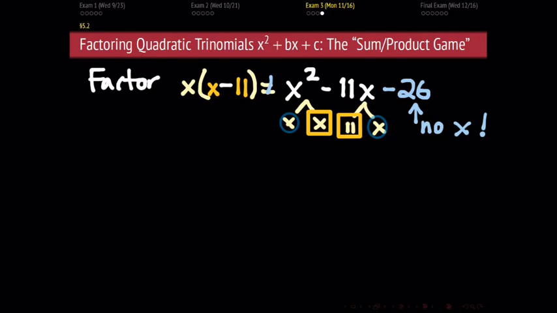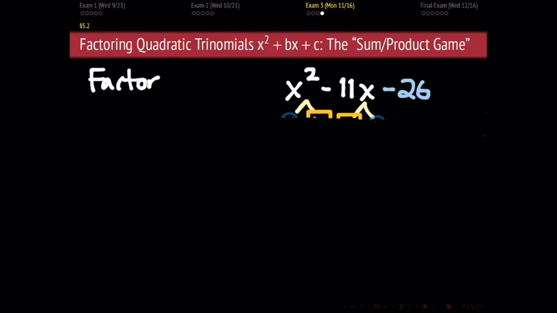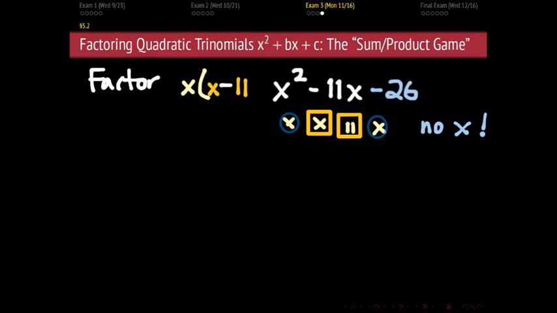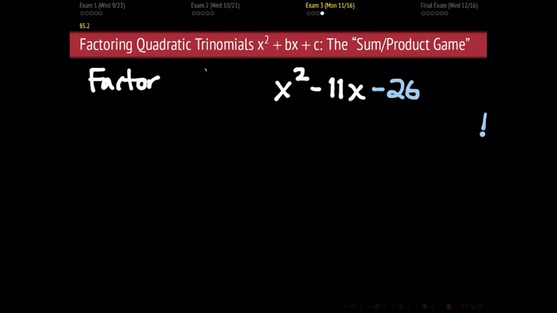So we need something new. We need some new machinery, a new technique, a new strategy to factor something where there's nothing that we can do with the greatest common factor to get the process started. So that's what we want to do today, is figure out what to do with this.